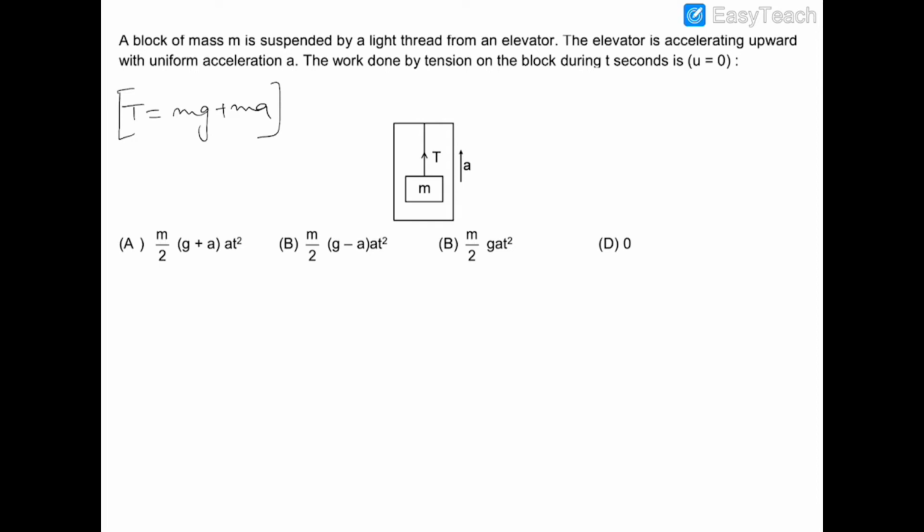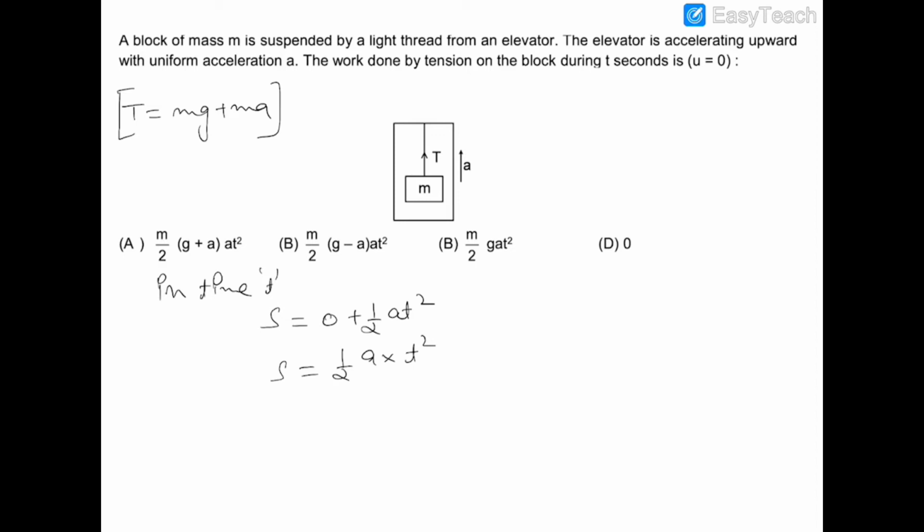And the displacement of this block along with the lift in time t: S is equal to 0 plus half a t square, where 0 is the initial velocity. So S is equal to half a t square.